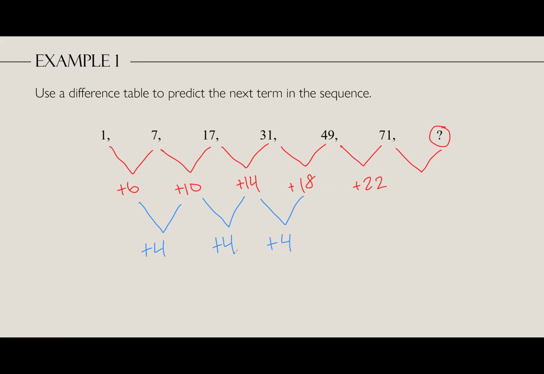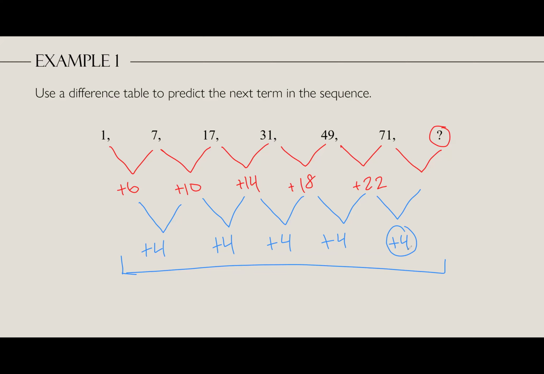And as it so happens, I have plus 4 over and over again. At this point, I'm noticing a pretty clear pattern. On this bottom row, it looks like I'm having all plus fours. So what's probably going to happen right here? Well, I'm going to take a wild guess and say it's also going to be plus 4 to get the next number after 22.